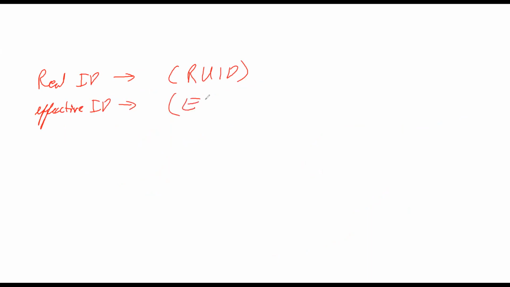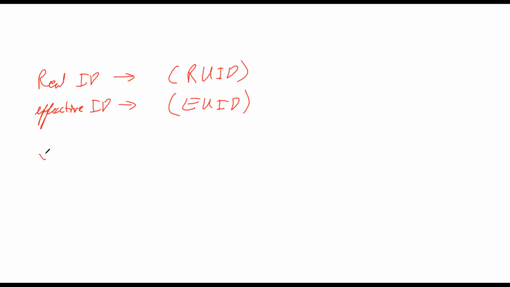So the real ID is going to be the real user ID, of course. And then we have the effective ID, and that's going to be the effective user ID. Okay, so these are the two IDs that would be associated with a process.